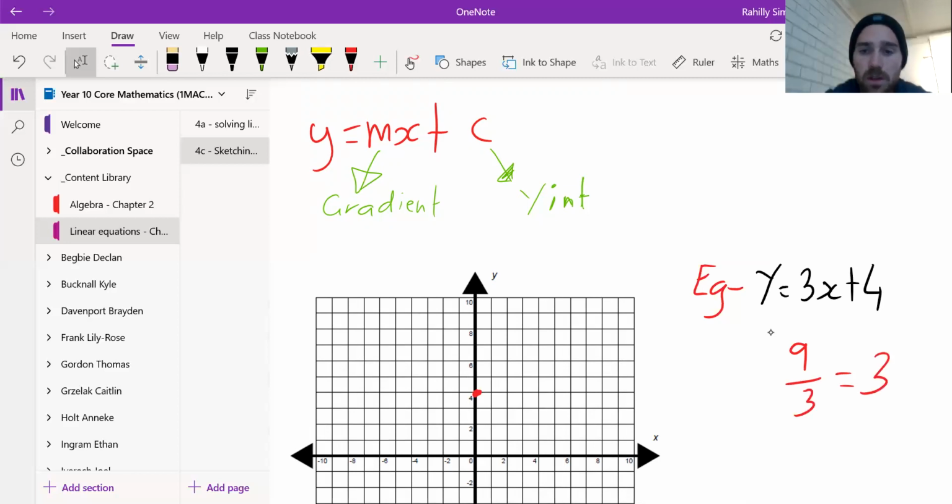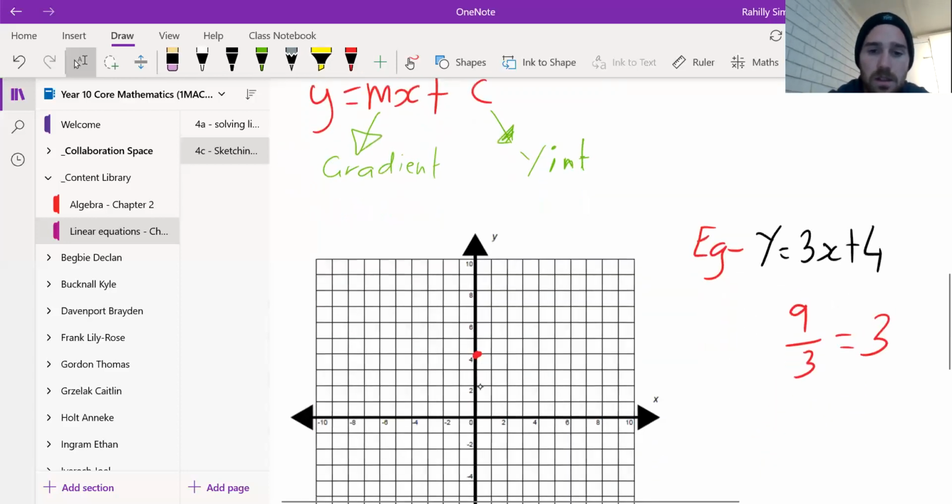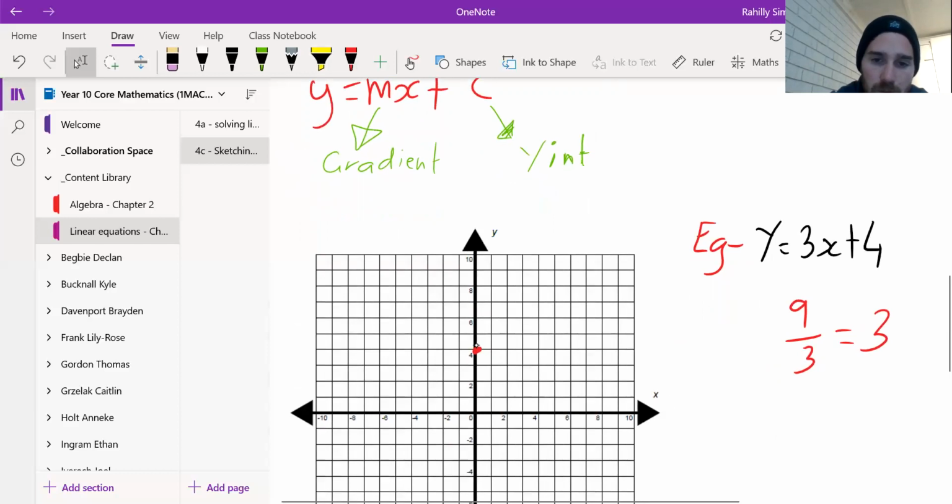So what you do, you go up 9 and across 3. Obviously, we're going to run out of room, but that's okay. 1, 2, 3, 4, 5, 6, 7, 8, 9. So our rise is 9, and we're going across 3. There's our line.